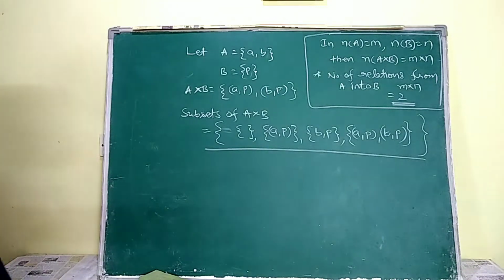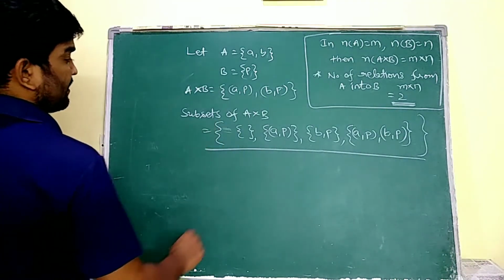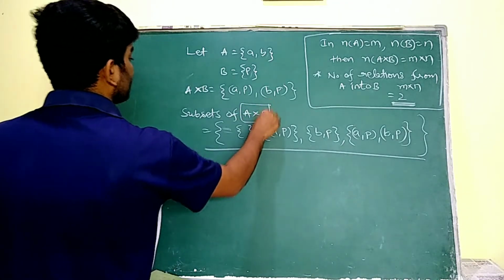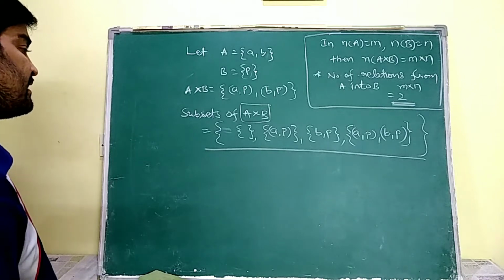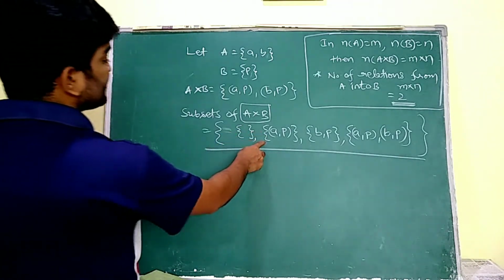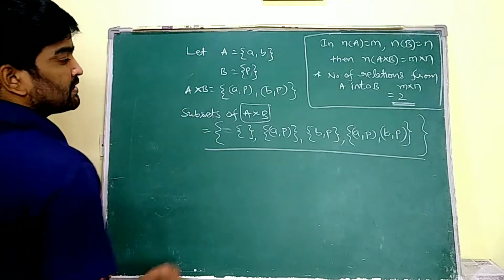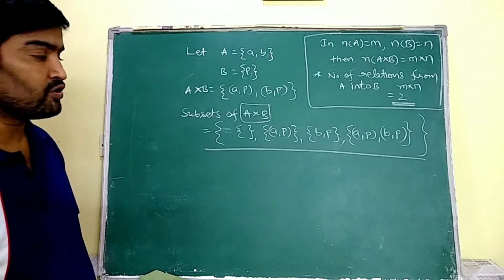Okay, now we already discussed that a subset of a Cartesian product is known as a relation. That means, see, how many subsets is it having? 4 subsets. So whether all those 4 are relations or not, we are going to check.